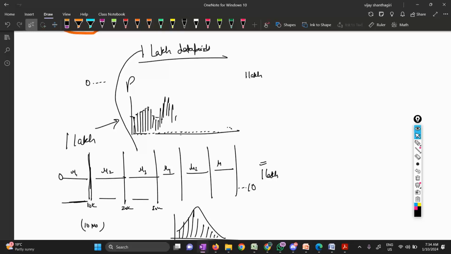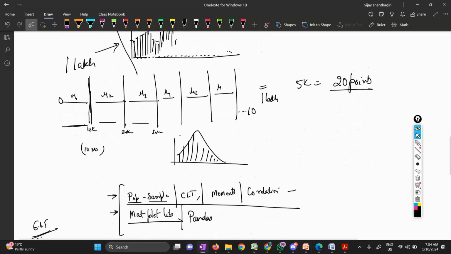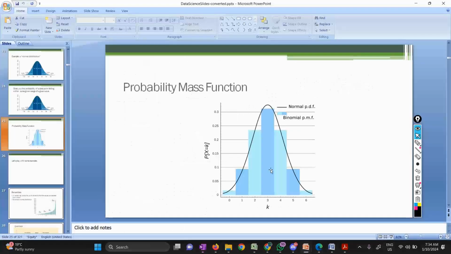Or you may choose to take 5k in each bucket, which makes it 20 buckets or 20 points, which are mean values. Like that, it's up to you. If there are 1 crore data points, you may want to do it in a different way. Finally, you will get this idea. Why? Because eventually we are interested in only the shape of the distribution.